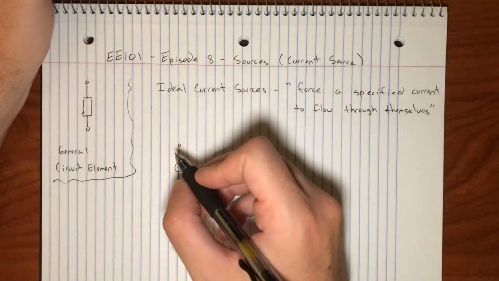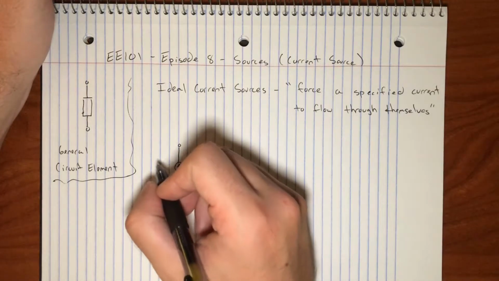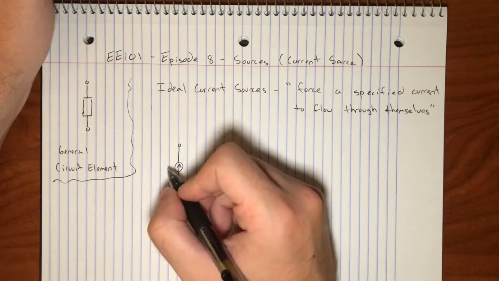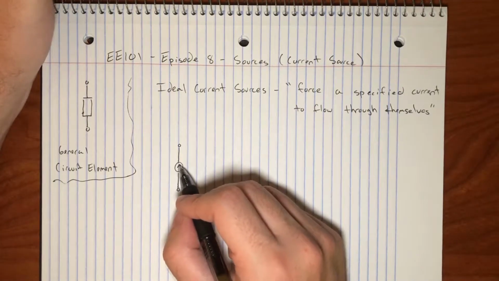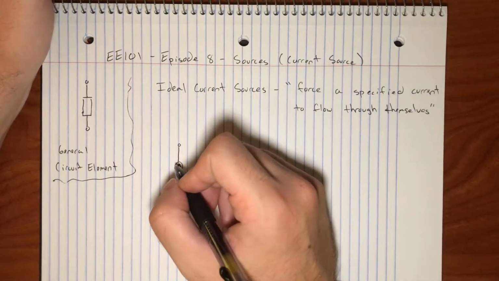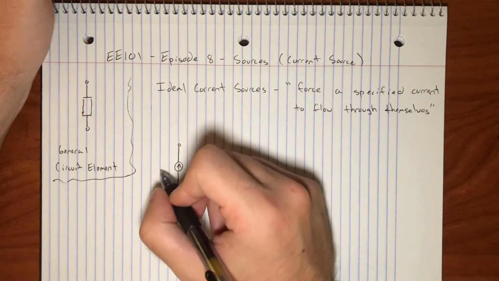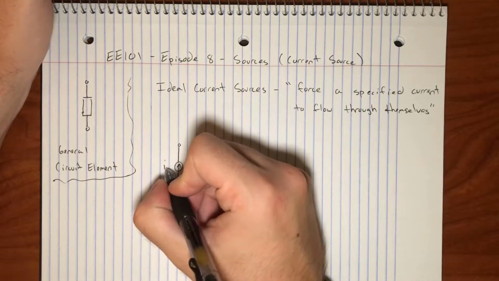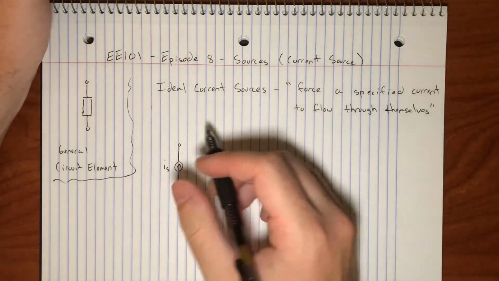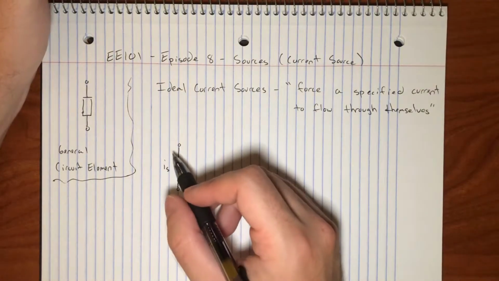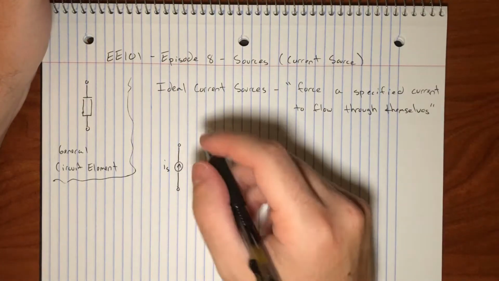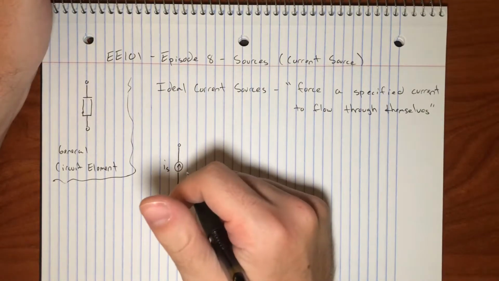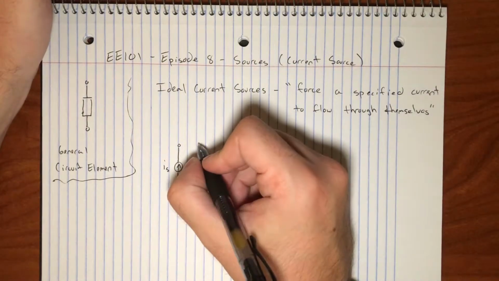With the voltage source, there was that plus minus to indicate the voltage polarity, and in this case, there's this arrow that indicates the direction of the current flow. And like the voltage, usually next to it, you'll see some kind of label. In this case, I'll keep it vague in general with just I_S, indicating that this current flows through the source. And like the definition says, I_S will be maintained regardless of what you attach to this.